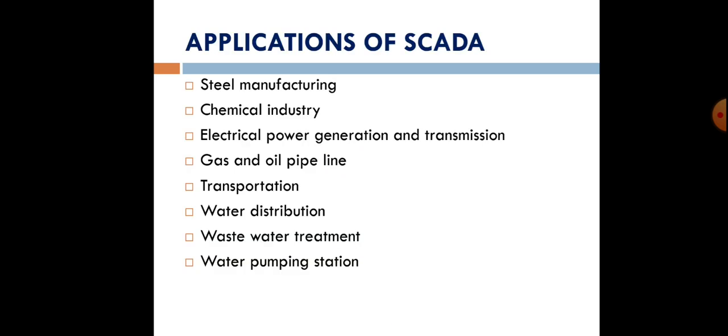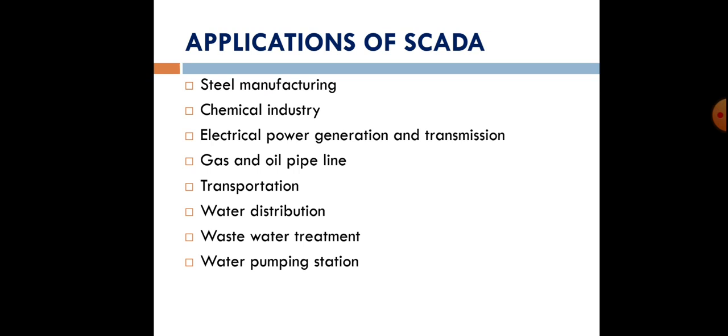Now the next topic is application of SCADA. There are many applications of SCADA system. Some are listed below. First one, steel manufacturing. Second one, chemical industries. Third one, electrical power generation and transmission.